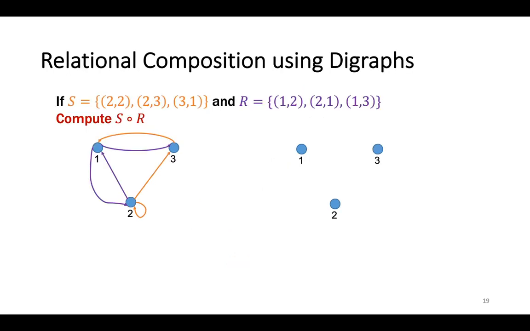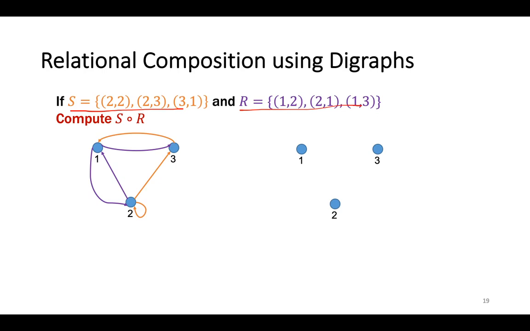So here we have two relations S and R. So we want to compute S circle R. So we have this graph. The relation S is orange color, relation R is a purple color. So we want to combine them together.